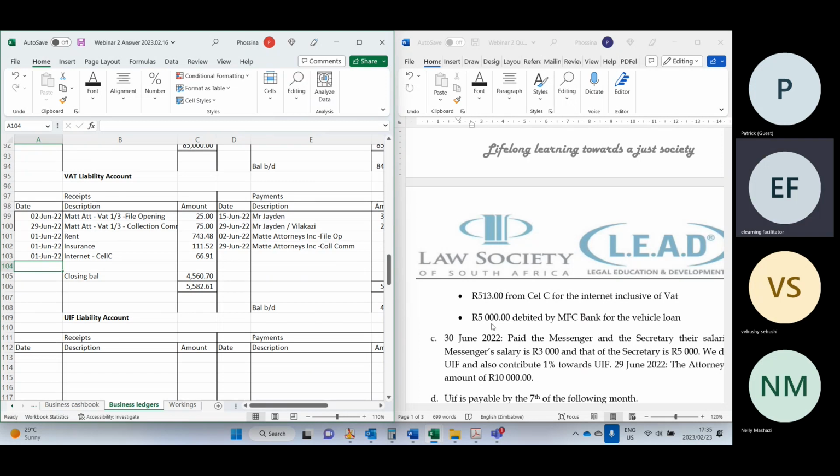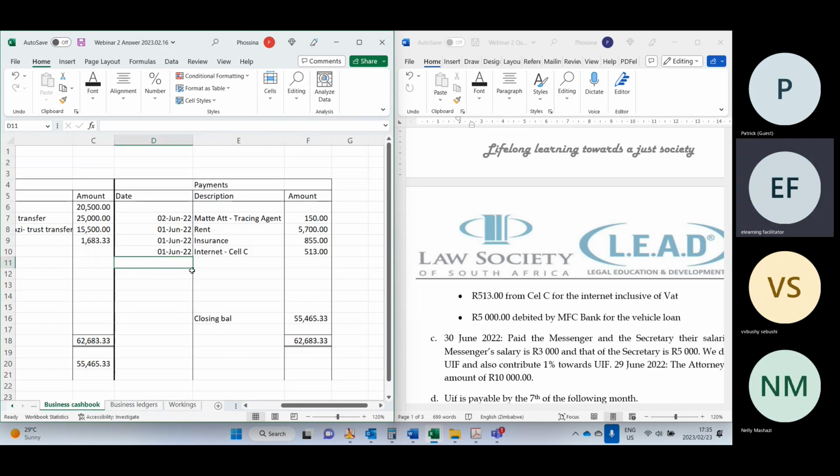And then we are told there's a 5,000 debit by MFC Bank. So we go to our business cash book, 1 June 2022. So it's an MFC Bank loan. And how much? 5,000.